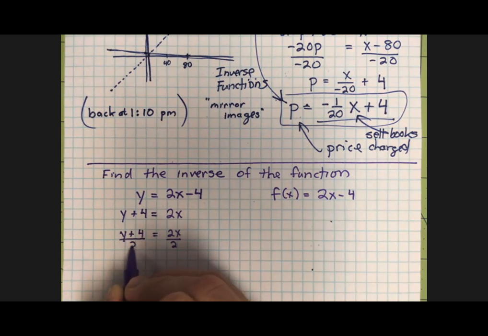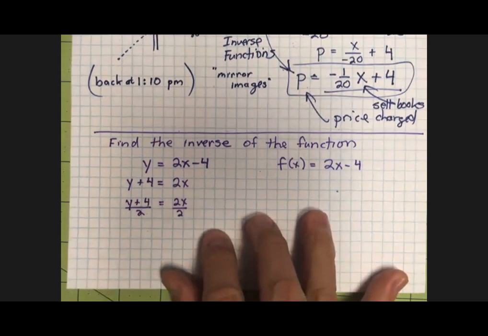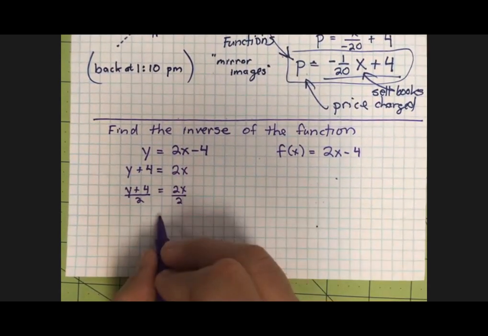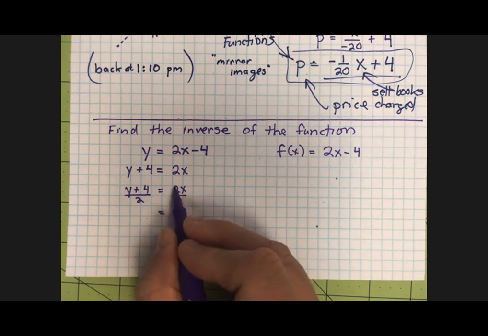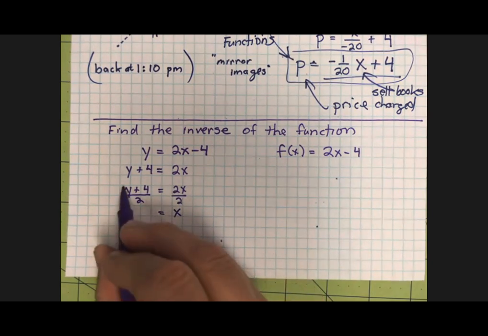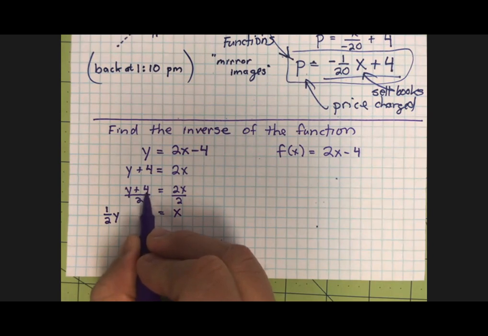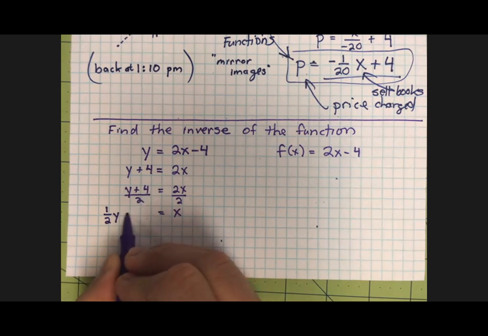Again, that's not hard to do. Although I might want to say to myself, should I use 1 fraction or 2 fractions here? Let's split it into 2 fractions. 2x divided by 2 is single x. Y divided by 2 is 1/2 y. And 4 divided by 2 is 2.